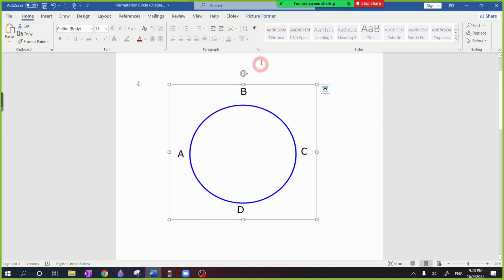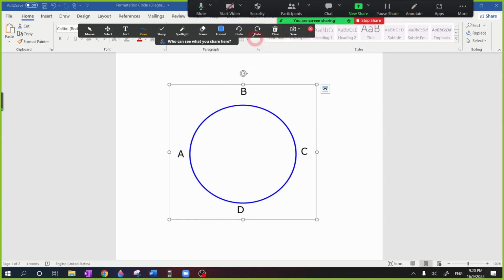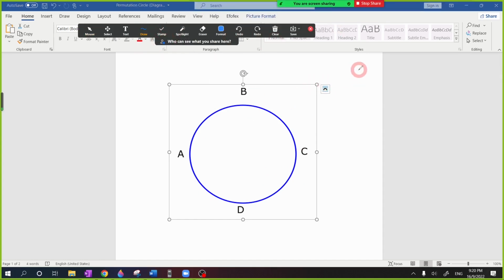The total number of ways is only 3 factorial, not 4 factorial: 4 minus 1 factorial, which equals 3 factorial, or 4 factorial divided by 4, which equals 3 factorial. So why do we need to divide the answer by 4?